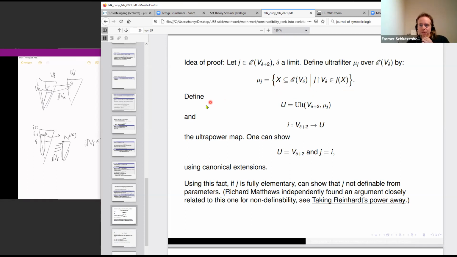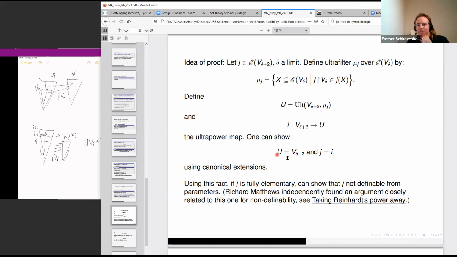So we can define the ultrapower of V delta plus 2 by this ultrafilter, and the ultrapower map from V delta plus 2. A key thing is you can show that the ultrapower is actually equal to V delta plus 2. Everything in V delta plus 2 gets represented in this ultrapower, and the original embedding J is actually the ultrapower map. So every elementary embedding is of this form.